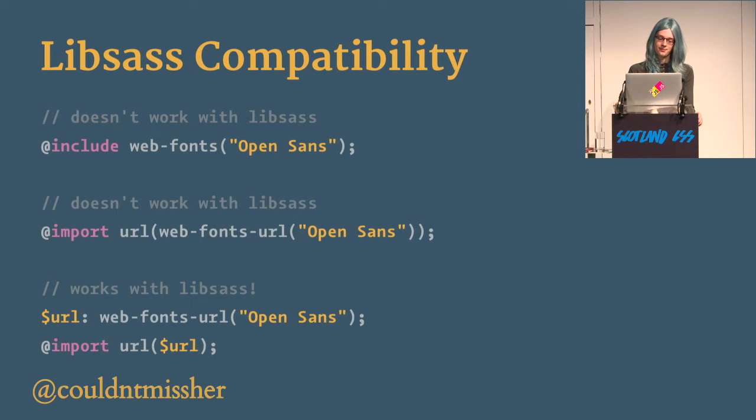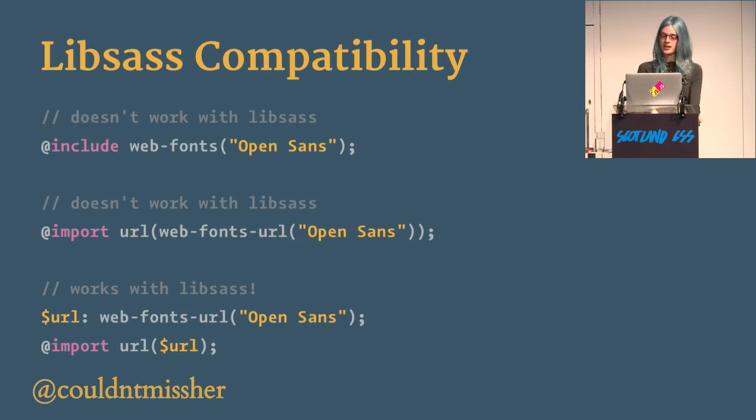And so I thought, OK, we'll go with the import statement and make the user call that themselves. And we'll just have a function that generates the URL, and they can pass that into the import rule. But that also doesn't work with libsass, because the import URL statement cannot take arbitrary values.